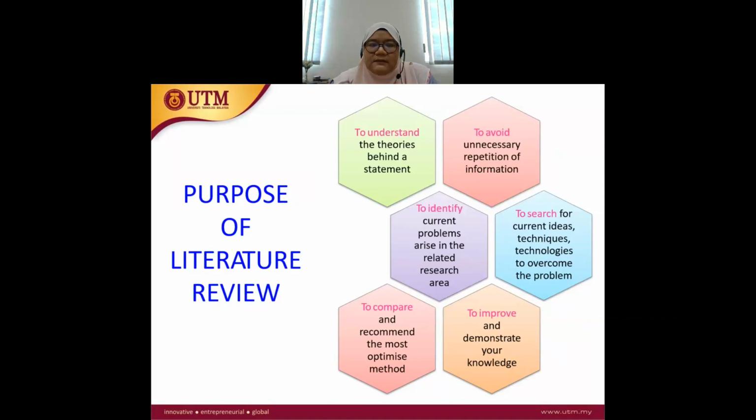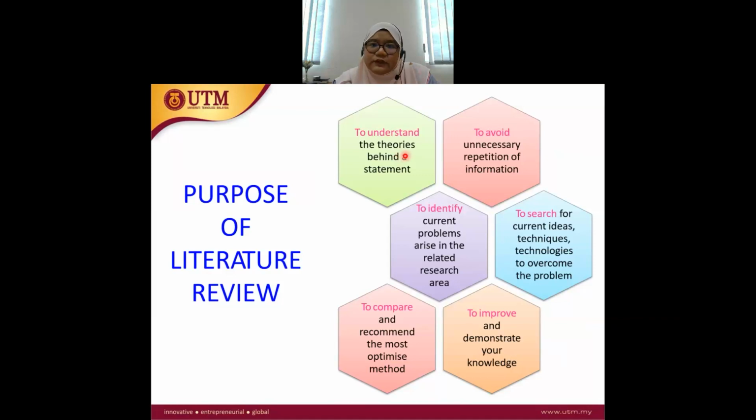Okay, so there are some purposes of literature review. First, to understand the theories behind a statement. When your supervisor gives you a topic, you have to understand whatever theory is behind the topic or the title.